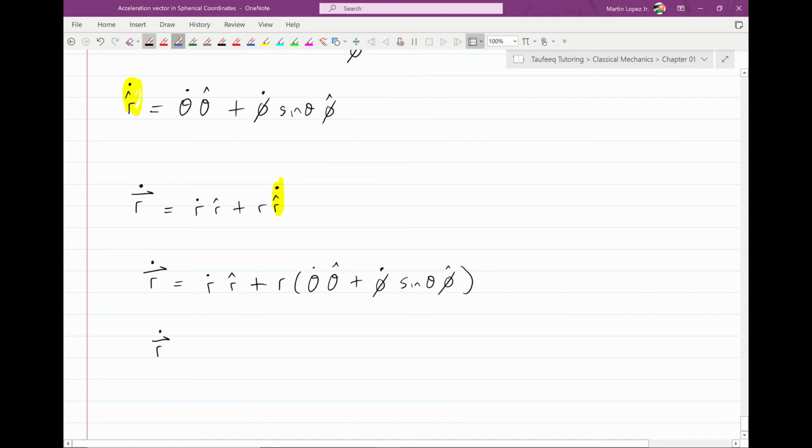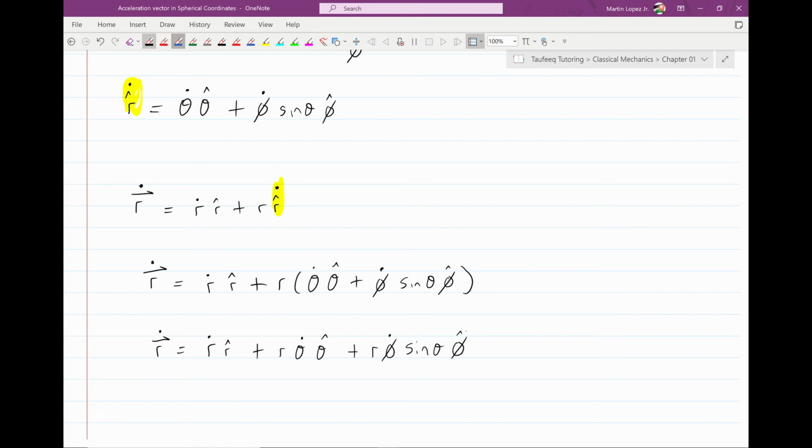Right, we just plug that yellow in. Now we just need to simplify. This is all algebra. R dot r hat plus r theta dot theta hat plus r phi dot sine theta phi hat. Wonderful.